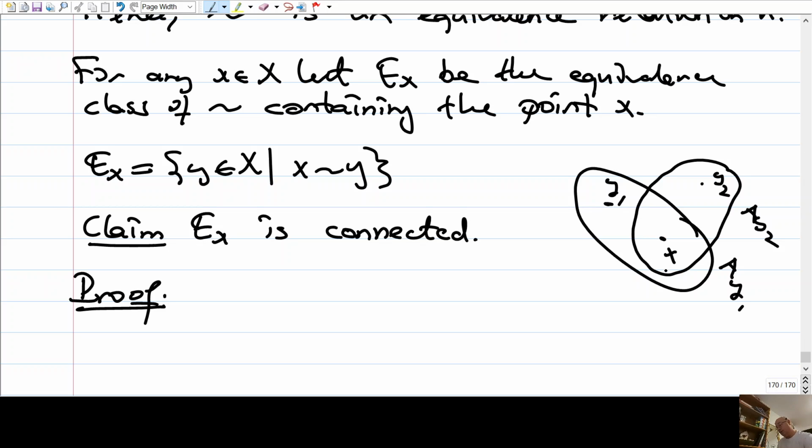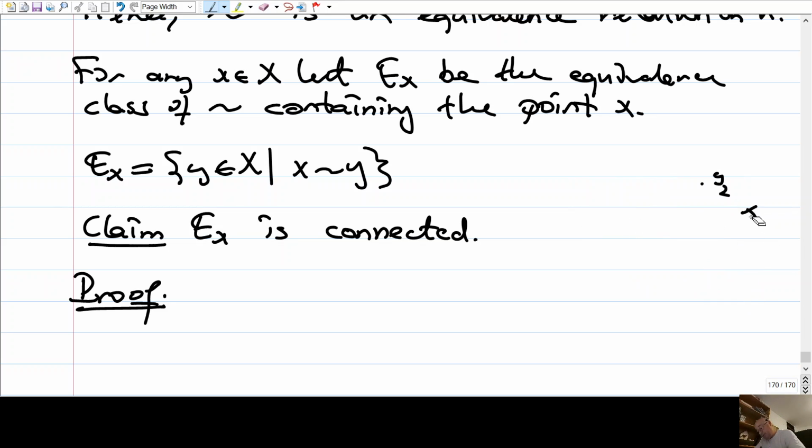Therefore, their union is connected and their union, of course, lies inside E_x, because any point here is also related to x, because this subset A_y1 is already connected and containing both these points. So that's the idea of the proof.